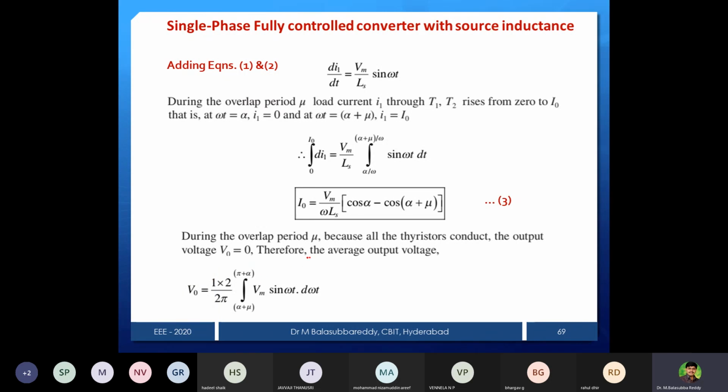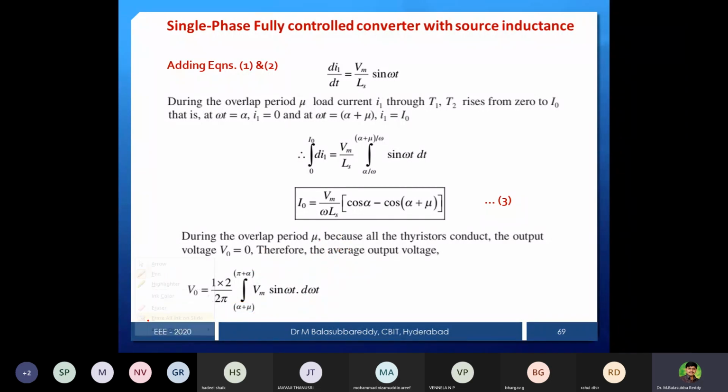Earlier for RL load, as I mentioned, alpha to pi plus alpha. But here at alpha it won't conduct because previous cycle devices are conducting, there is an overlap. Then after alpha plus mu only the device is going to fire. So therefore alpha plus mu to pi plus alpha, it is going to conduct, that is Vm sin omega t d omega t.